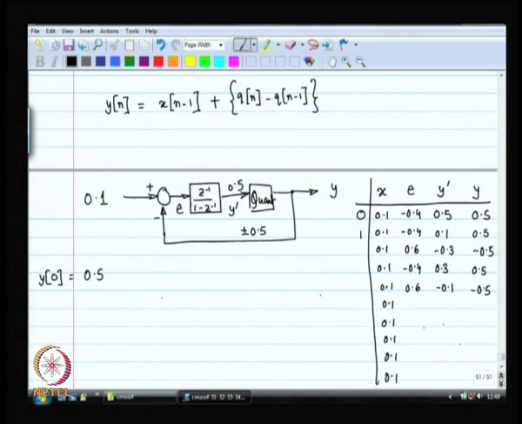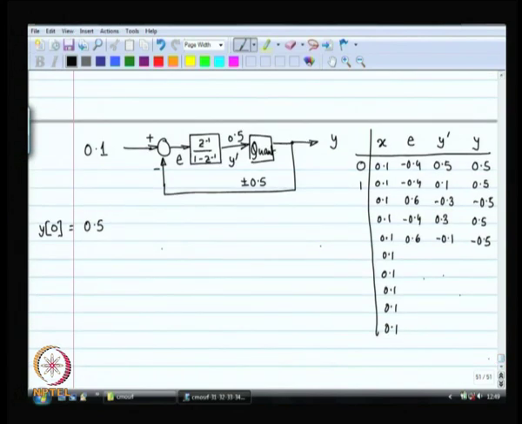Okay. And then you can keep doing this. So, the new y hat is going to be plus 0.5 now, which means that my new y is going to be plus 0.5 and my error is going to be 0.4.